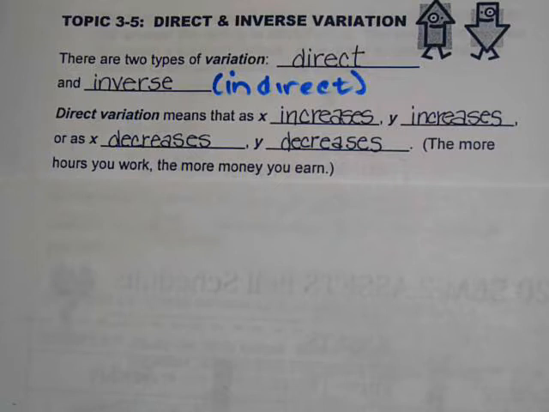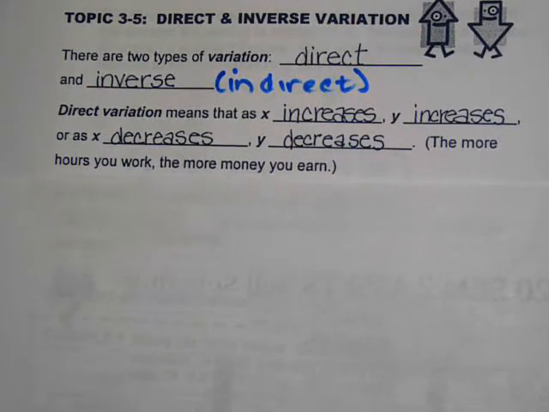More hours, your hours go up, your paycheck goes up. Anybody think of another one? How about the opposite? The fewer hours you work, the less you get paid. Okay, they're both going down. So both of those are examples of direct variation.